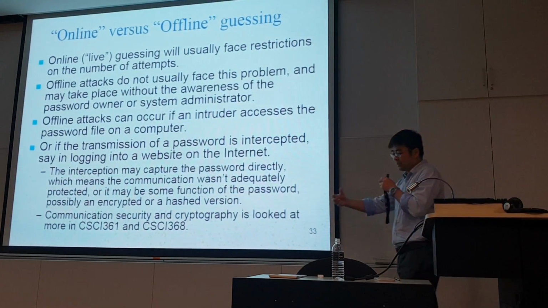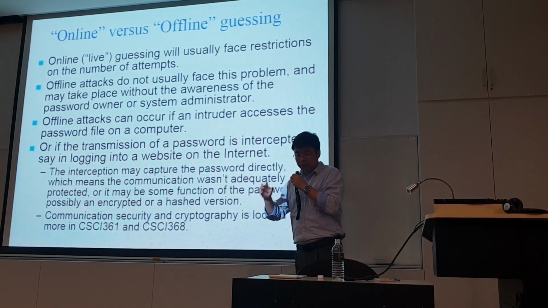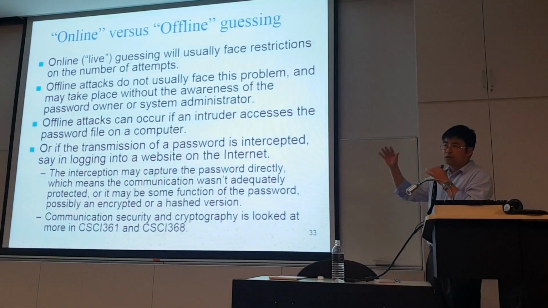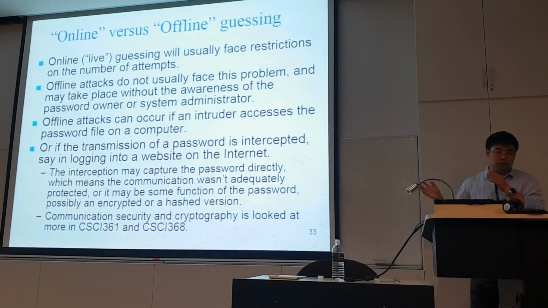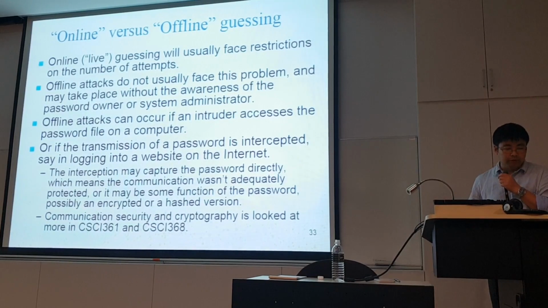If the attacker can obtain this information, then the attacker can compare this hash against the hashes of all the possible passwords and see which one gives the correct match. So in this case, we can do the offline guessing attack.